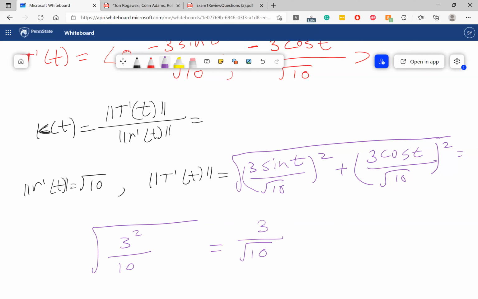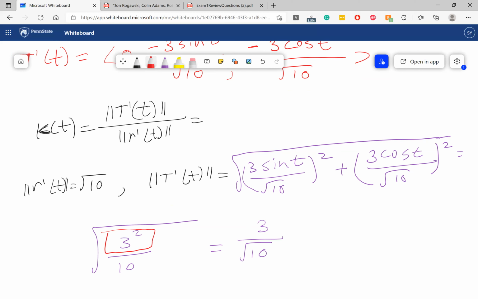Okay, any other questions? Yeah. Why would it not be 9? Does the 3 squared go away when you do the sine squared plus cosine squared? So the 3 squared appears here. And then you have the square root. And so then you get 3 on top and the square root of 10 on the bottom.